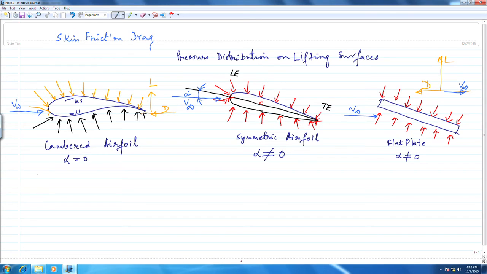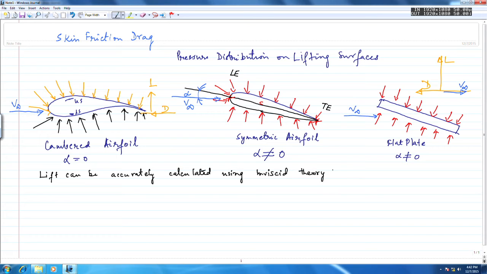So if I were to write that: lift can be accurately calculated using inviscid theory plus the Kutta condition at the trailing edge.